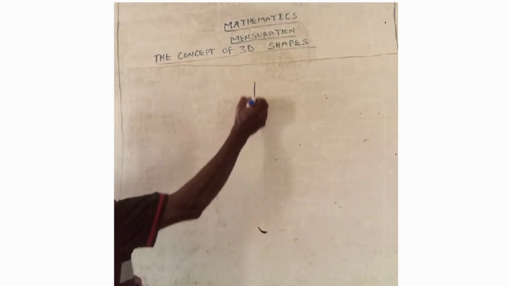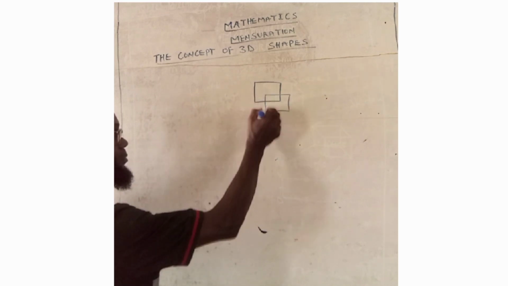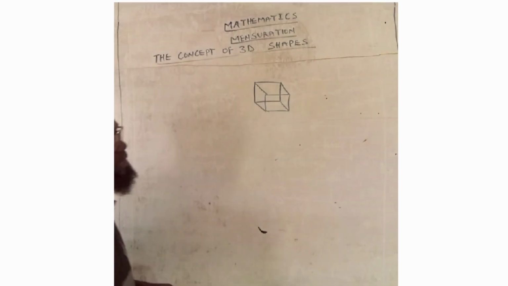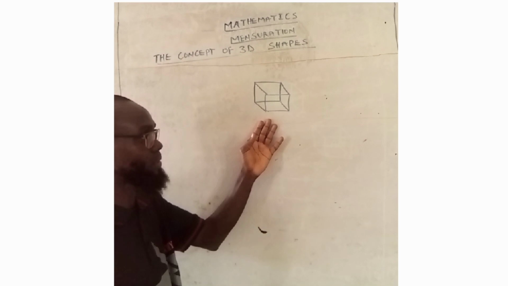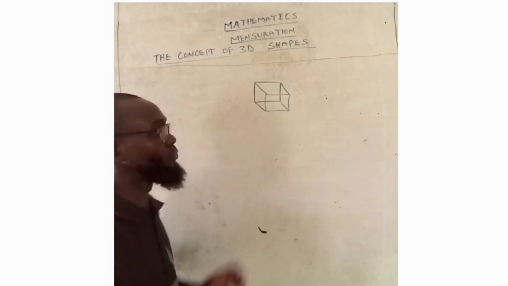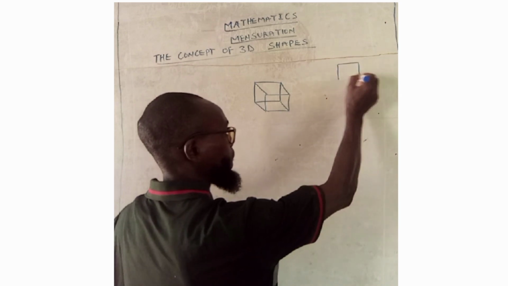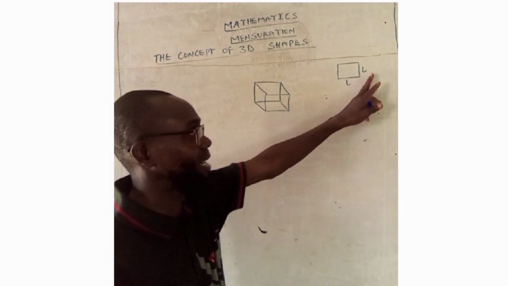Looking at the cube again, we can see that a cube is made up of 6 faces, and a cube is formed from a square. Considering a square with length, we have length here and length here.